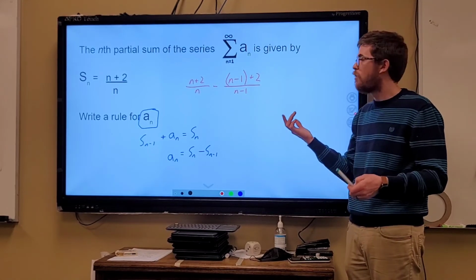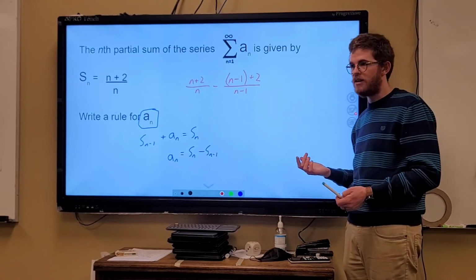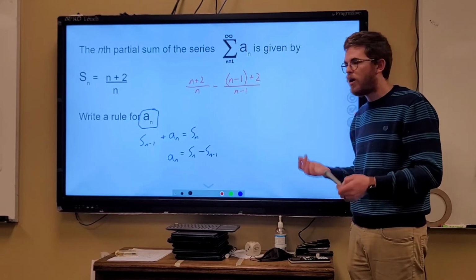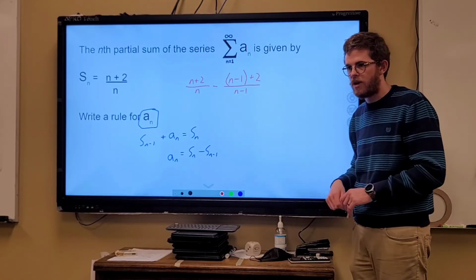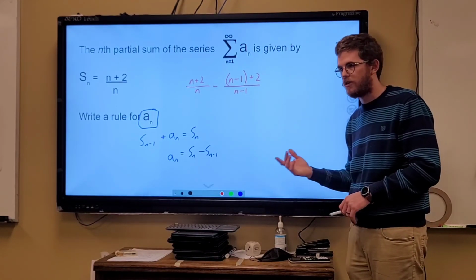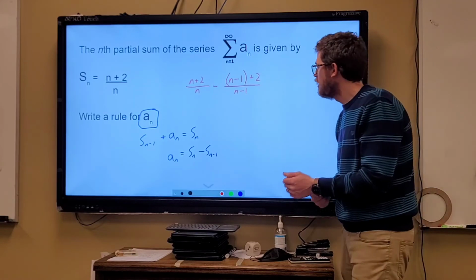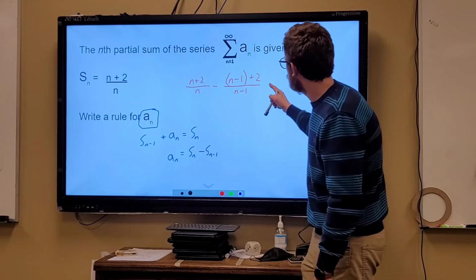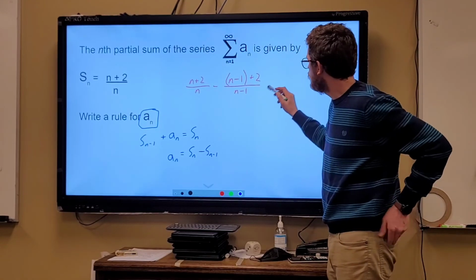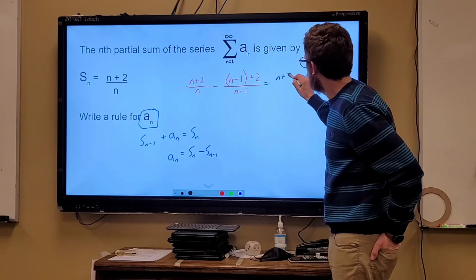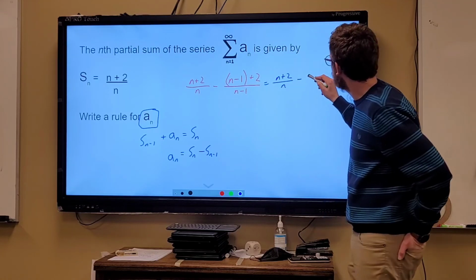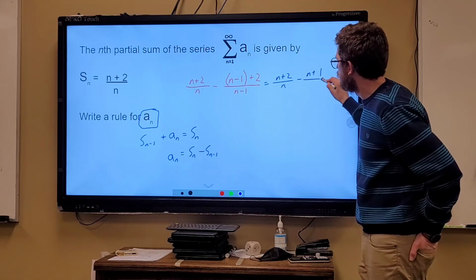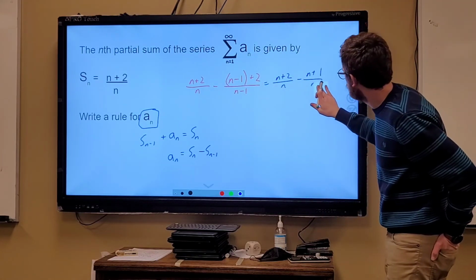At this point, we have represented the expression. We probably want to be able to simplify it. I would think that Khan Academy would simplify if you saw it there. If this was on a multiple choice exam, they probably would simplify it as well. So first thing I would do is clean up the numerator right there. n plus 2 over n minus n plus 1 over n minus 1.